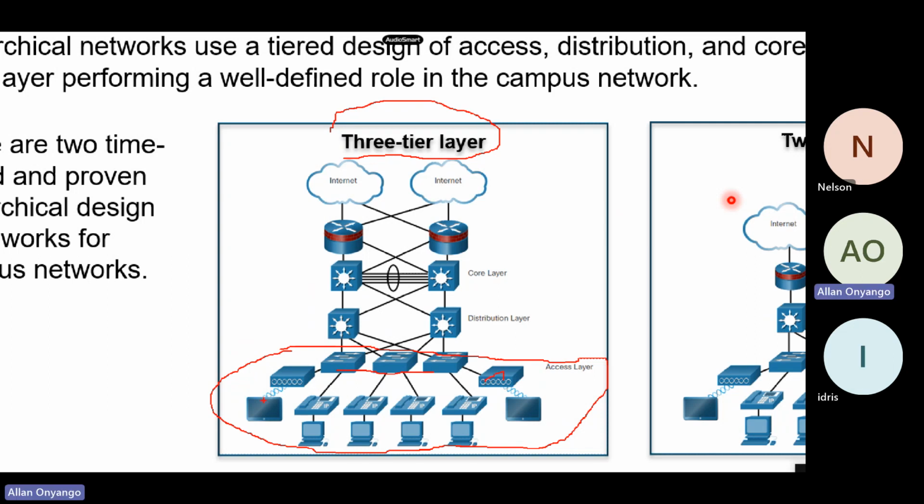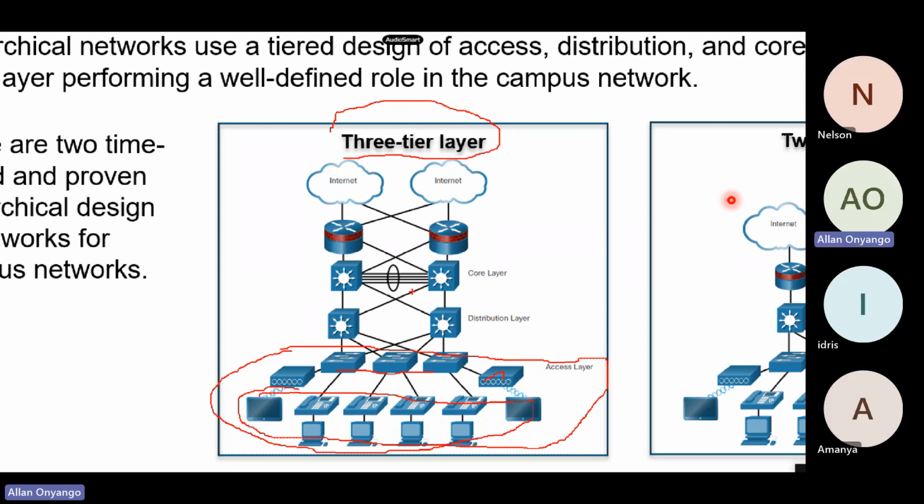And most importantly, this is the layer that houses all the end devices. Very important. Okay. So you don't find the end devices in any other layer apart from the access layer. And then we have the distribution layer, and then we have the core layer. The core layer is the highest layer. And of course, we are going to talk much about those layers.